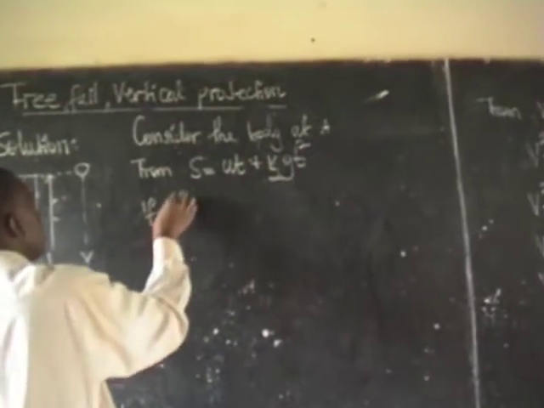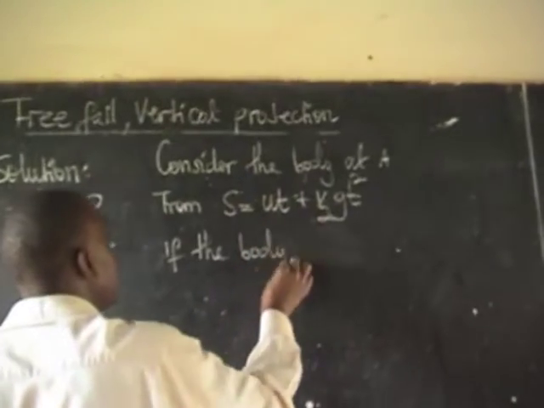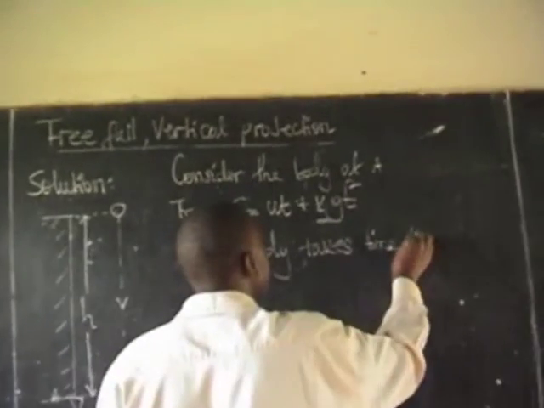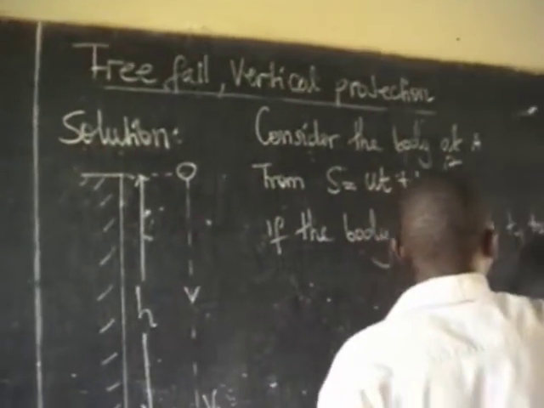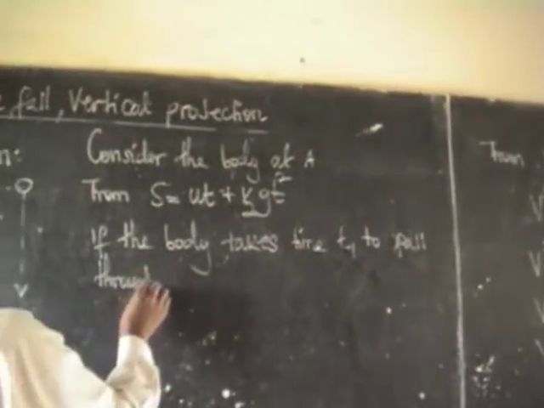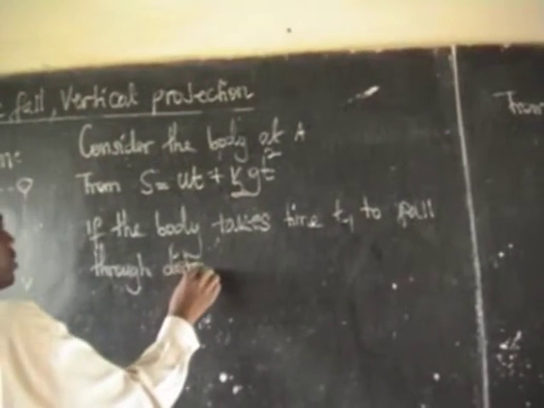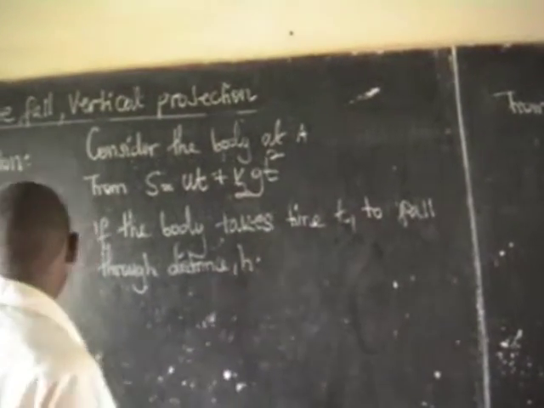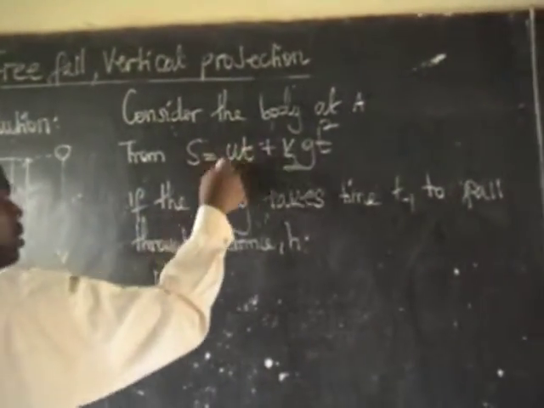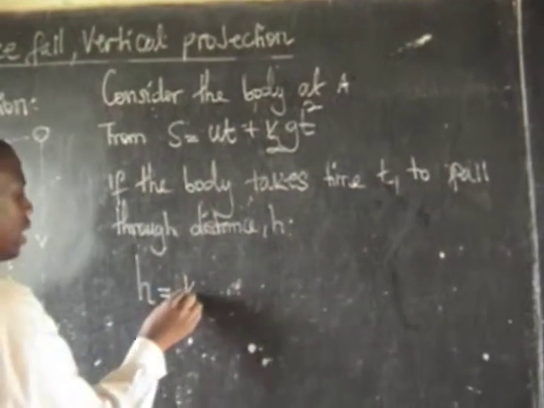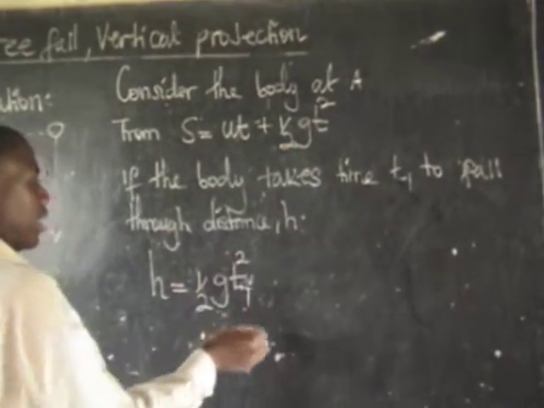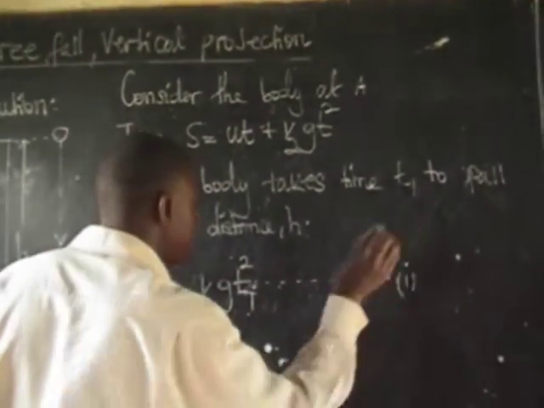If the body takes time t1 to fall through distance h as shown in the figure, then we shall have h. Remember, it was just dropped, so u here is 0. h equals a half g t1 squared. So I'm going to call that my first equation.